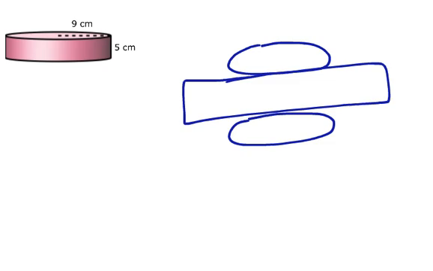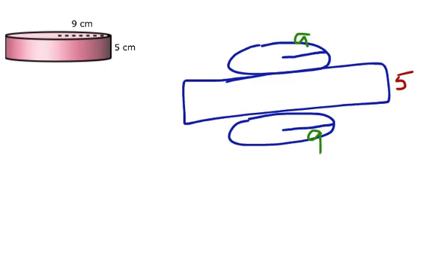Alright, so you're going to find the area of each of these shapes. So let's first label, this is 9, this one's 9, for the radius of each of these circles. And then you have the height of this rectangle is 5 because the height of the cylinder is 5.